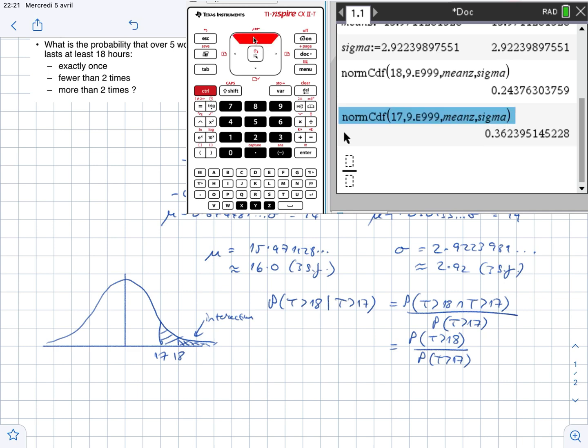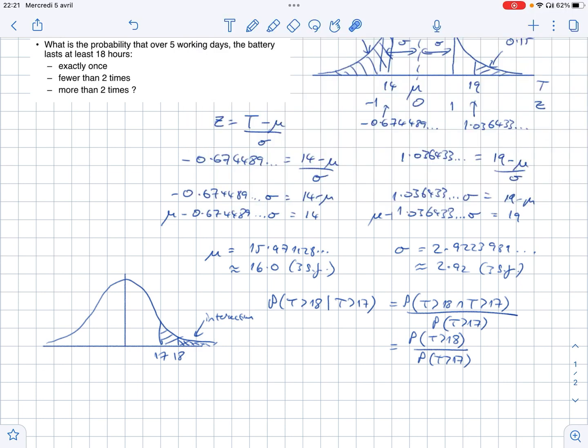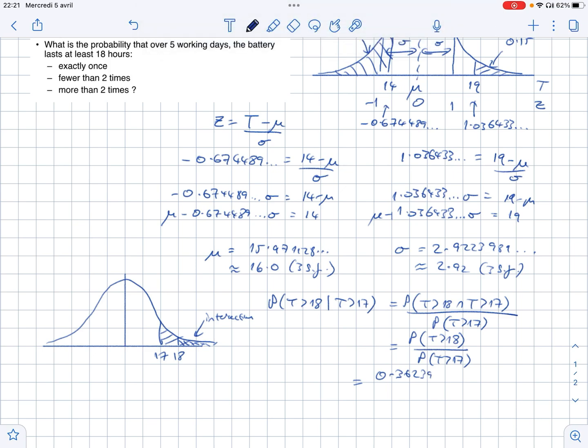On top of the fraction, we want the greater or equal to 18, given that it's greater or equal to 17. It's easier to copy that, Control C, because otherwise it will try and put it on the top of the fraction, Control V. And when I work those two out, this gives me the probability that t is greater than 18 is 0.362395. Sorry, 45, I think. Just check on my calculator.